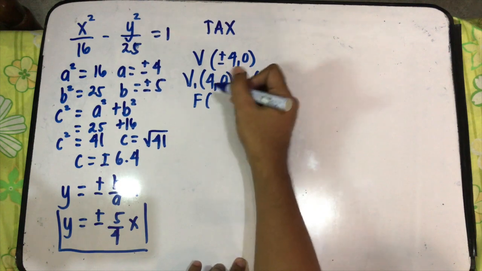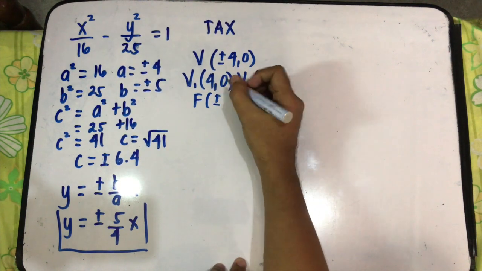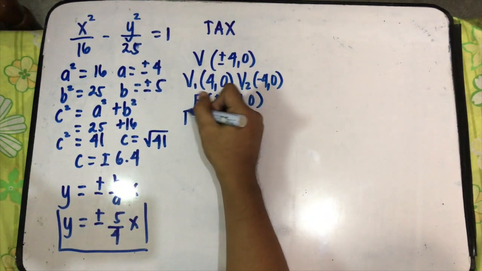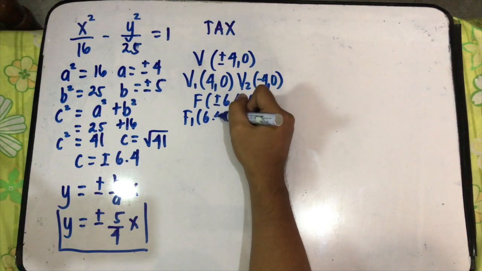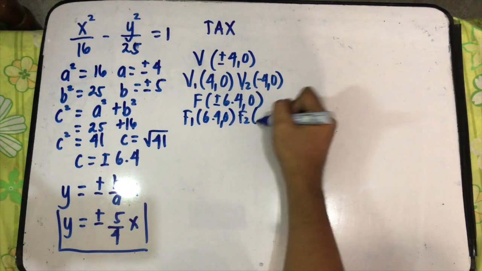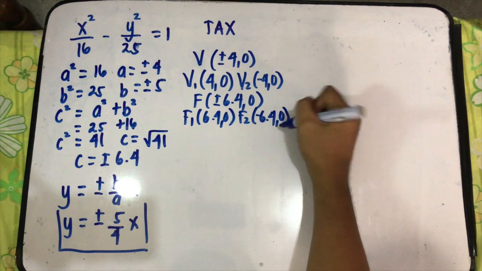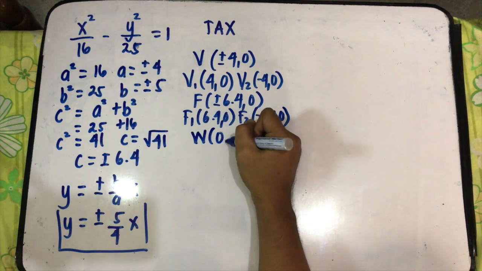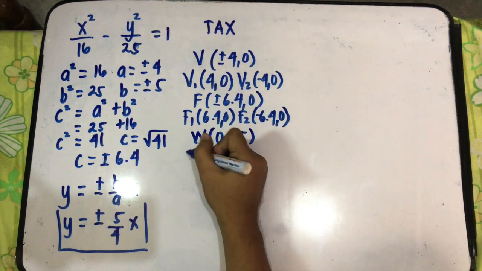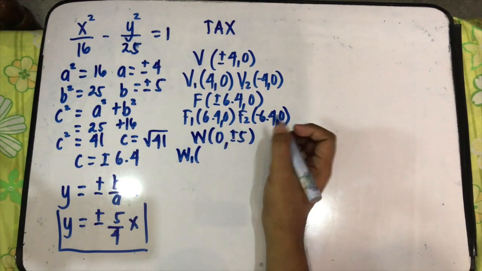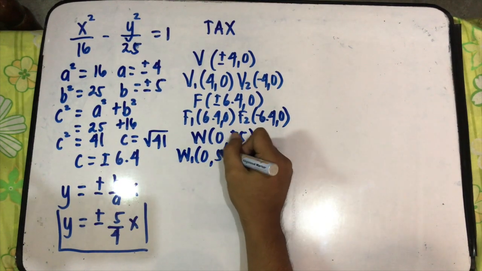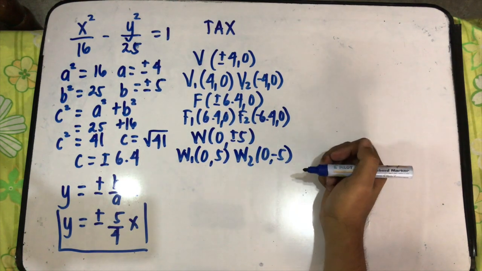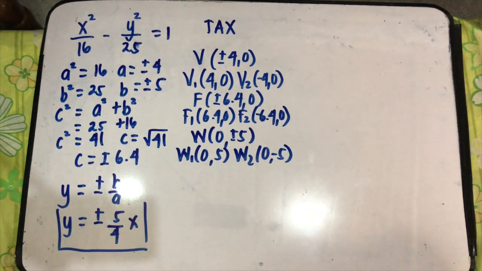For F, that is plus minus 6.4, so F1 is 6.4, 0 and F2 would be negative 6.4 and 0. For the co-vertices, W, that should be 0, plus minus 5. Therefore, W1 should be 0, positive 5, and W2 should be 0, negative 5. Okay, so those are our co-vertices.